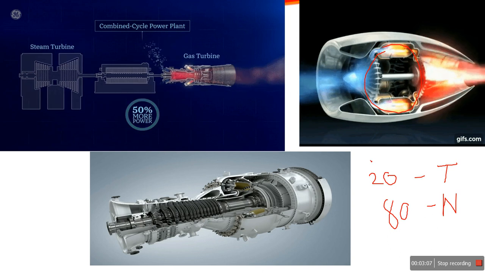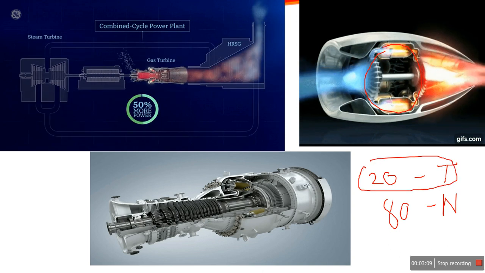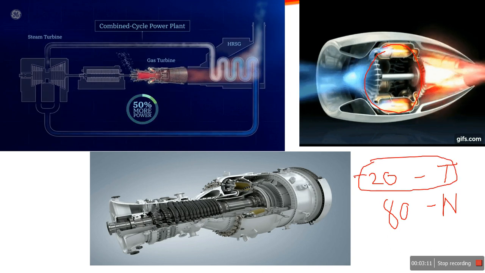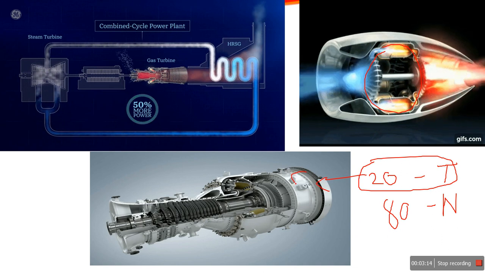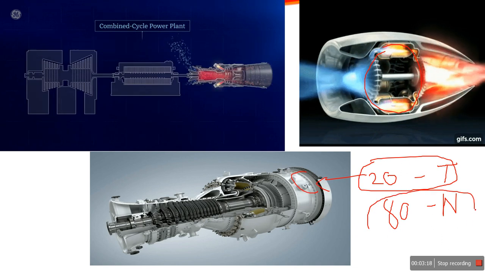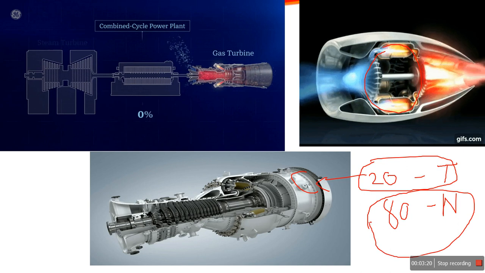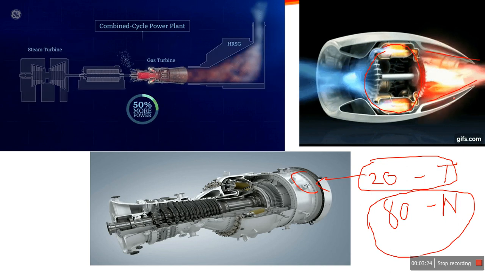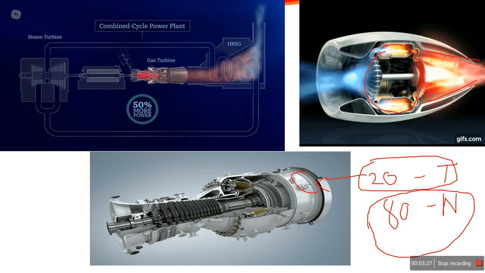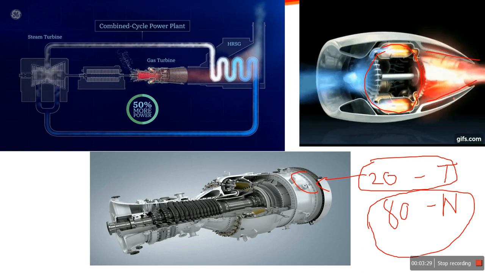The 20% power developed by the turbine is mechanical power utilized to run the compressor. The remaining 80%, the high pressure, high temperature combustible products, flows over the nozzle to produce thrust, to produce propulsive motion. That is the main difference between the gas turbine and jet propulsion.